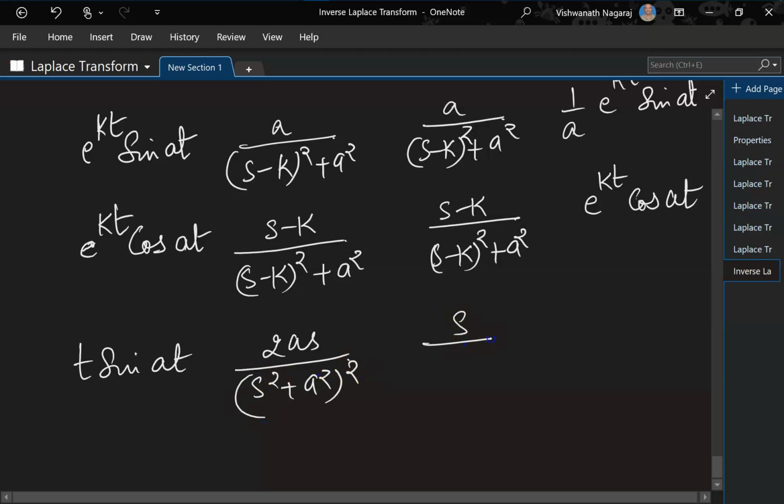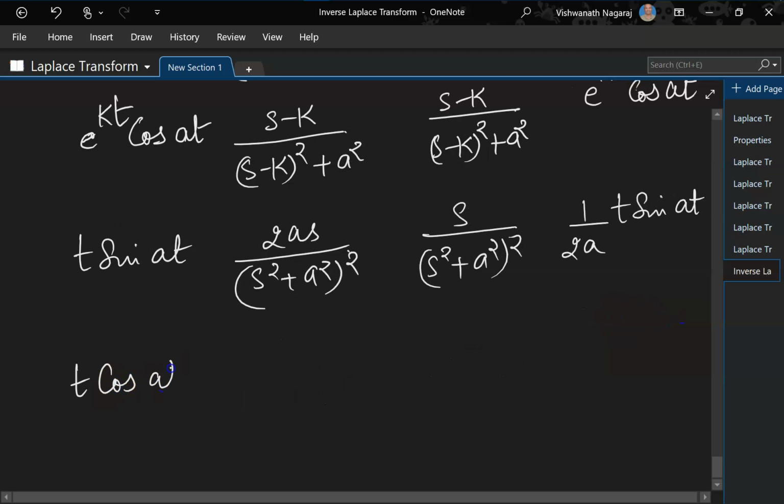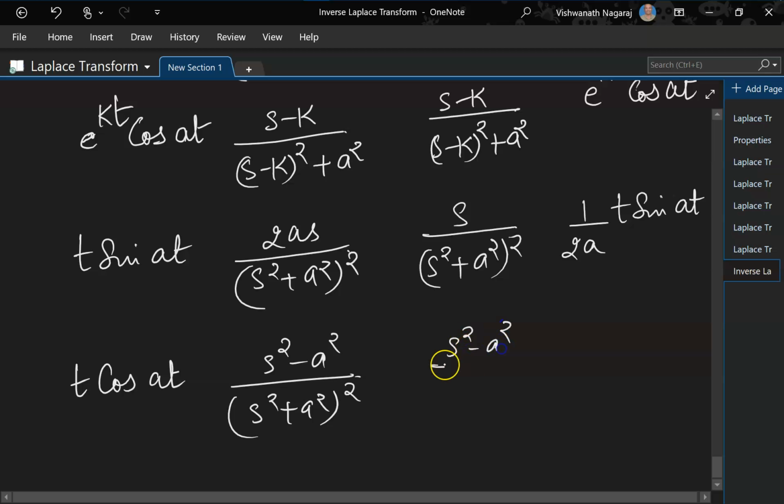Generally this would appear like this, s by s square plus a square the whole square, so you will write it as 1 by 2a times t sine at. And t cos at would be s square minus a square by s square plus a square the whole square.